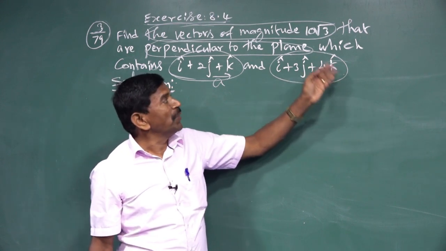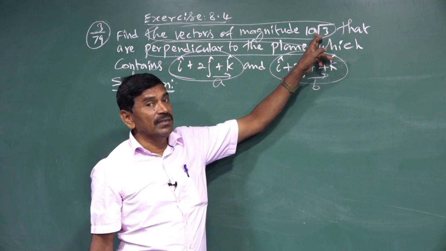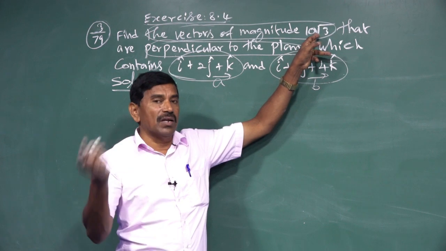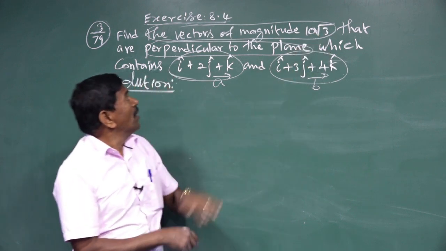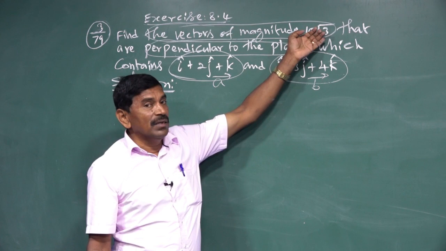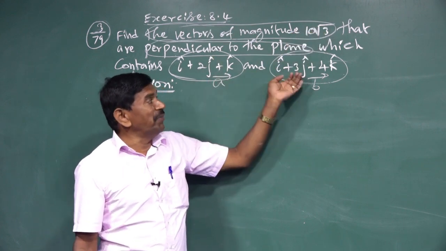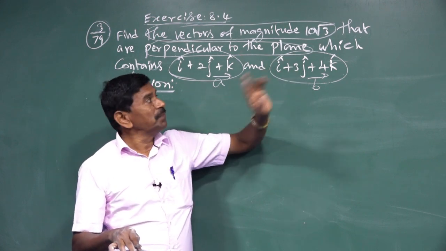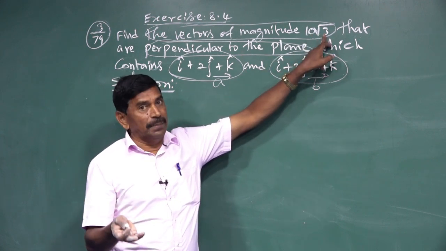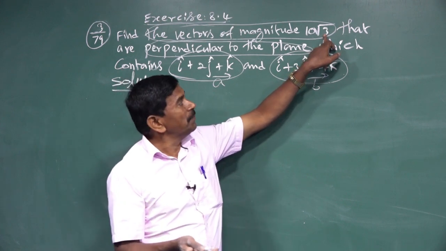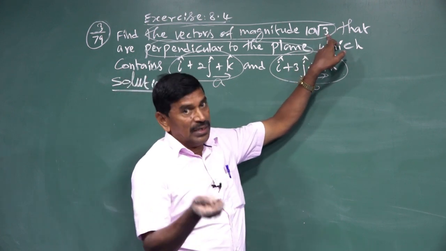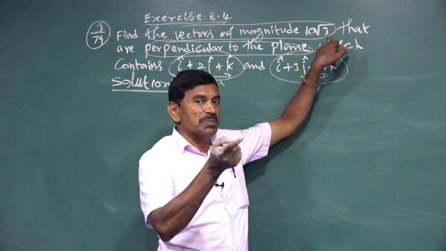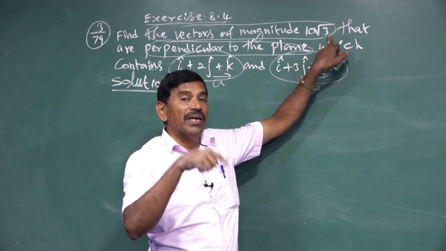The formula is plus or minus 10 root 3 into n cap, which is equal to plus or minus 10 root 3 into A vector cross B vector divided by modulus of A vector cross B vector.